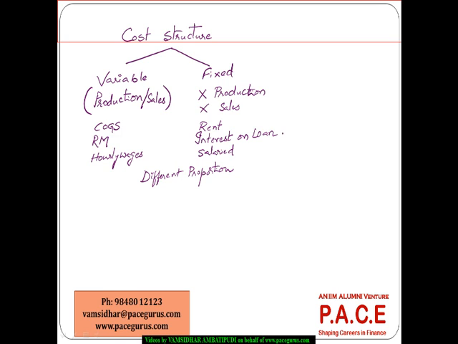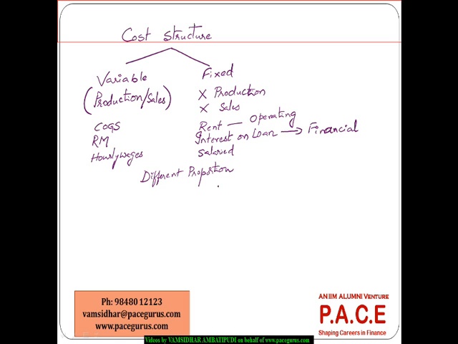Costs like interest on loan, which are fixed, we say they are fixed financial costs because they are fixed with respect to the capital that is being raised or the funding that has been raised for executing the operations. Whereas the fixed costs in these lines are called operating fixed costs because they relate more to the operations of the firm.